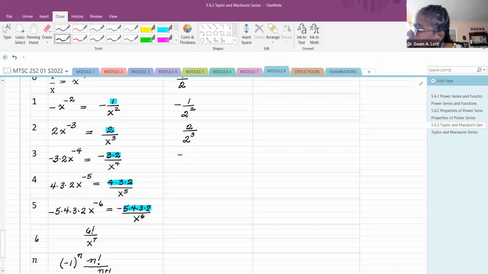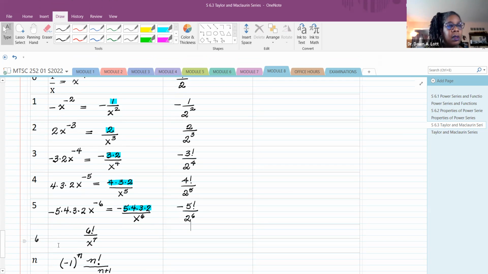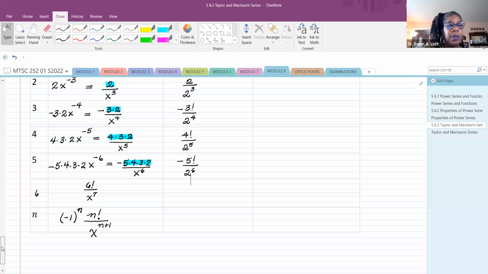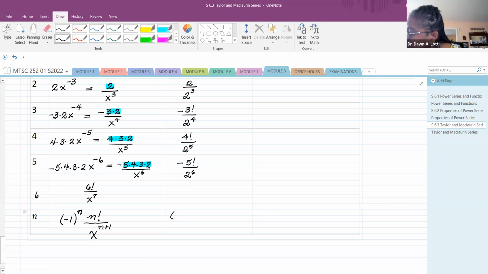This one's going to be negative 3 factorial over 2 to the 4th, positive 4 factorial over 2 to the 5th. This one's going to be negative 5 factorial over 2 to the 6. And then the formula comes out to be negative 1 to the n, n factorial over 2 to the n plus 1.